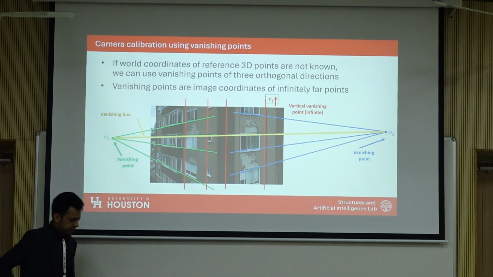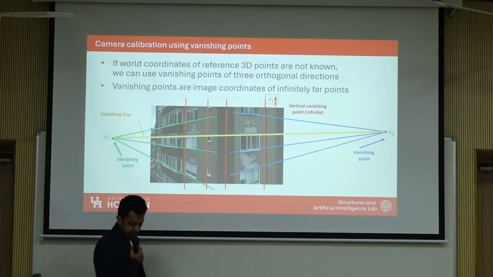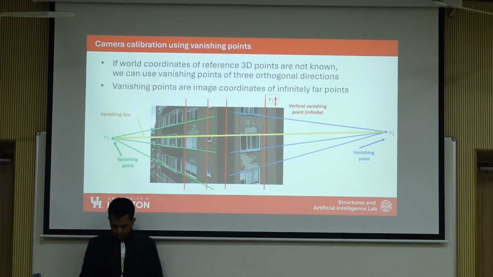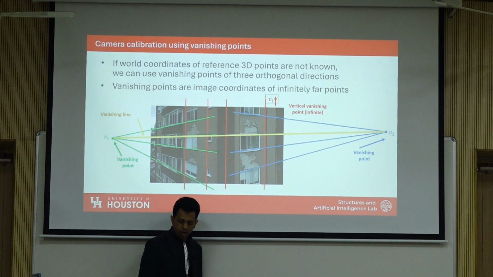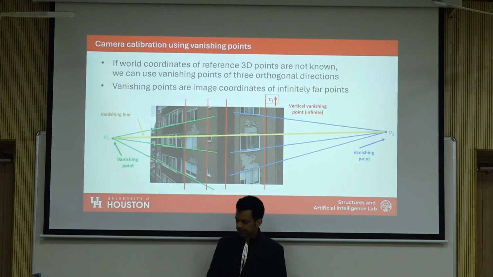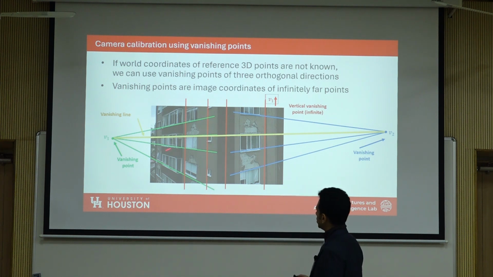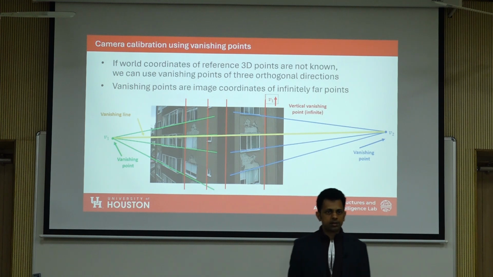Now here, I'm going to introduce the concept of vanishing points. If you have an image like so, where you can see that there are parallel lines, and this is an image we saw earlier.